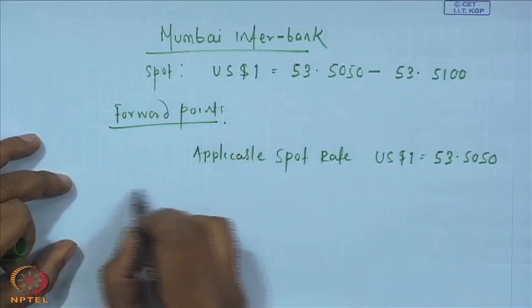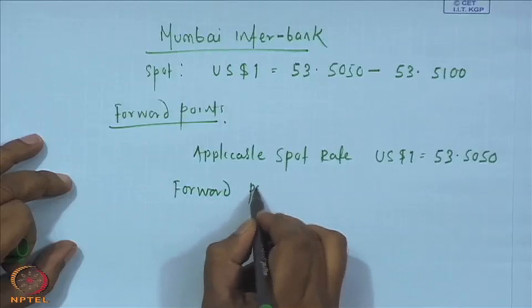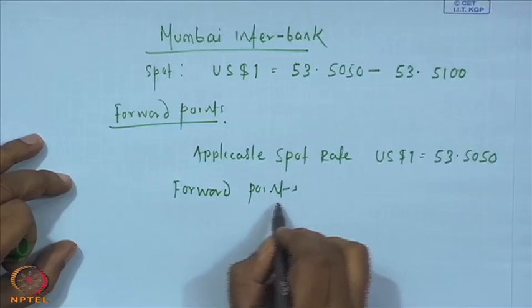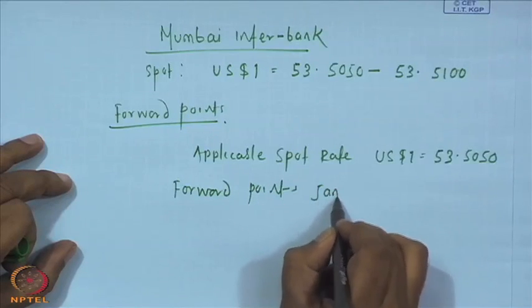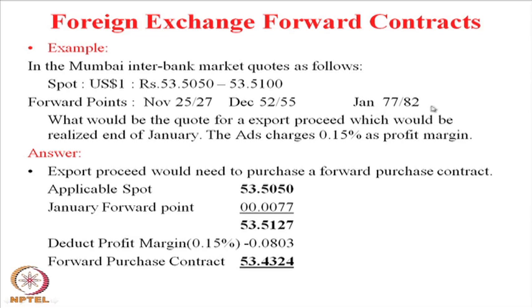So, forward point for January is given to us. If you see January forward point 77-82, the second one is higher than the first one, 82 is more than the 77. Here rupee is depreciating, US dollar is appreciating, we have discussed in an earlier section.